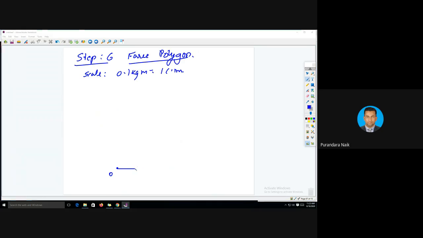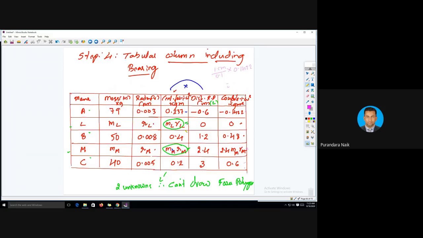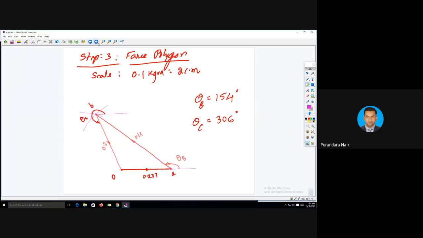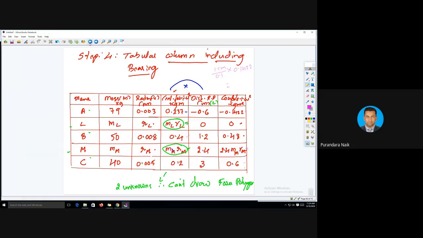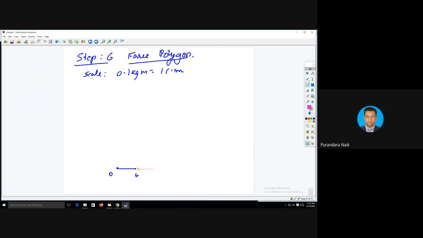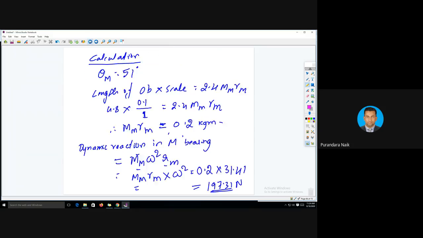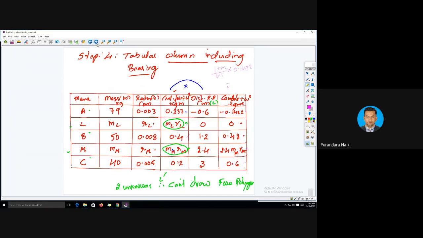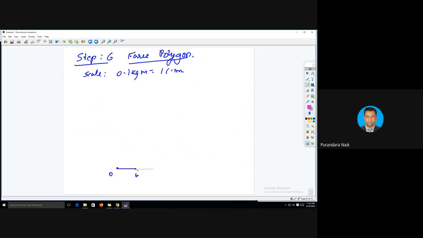Next is A, the reference line. Next mass is B, you just forget it as L. Next 4.4 into 0.1 is 4 centimeter. Angle of B is 154 degree. Take 154 degree, 4 centimeter.